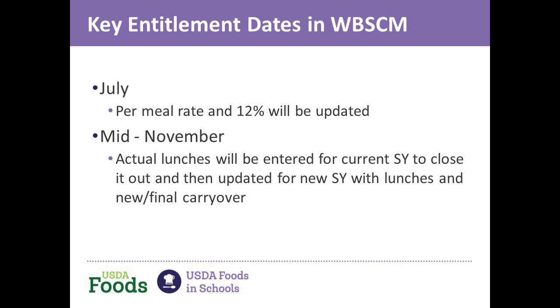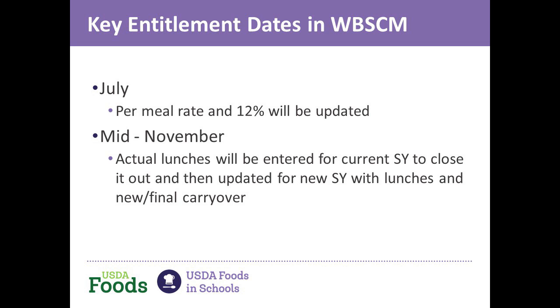Again, key entitlement dates in WebSCM should be mirrored in your system to reach 100%. These are key dates when there are beginning entitlement updates. If you're using a system other than WebSCM to distribute PAL, these updates need to be mirrored in that system. In July, the per meal rate is published in the Federal Register, and we reevaluate the amount of dollars to be added from the 12% provision that I explained earlier.